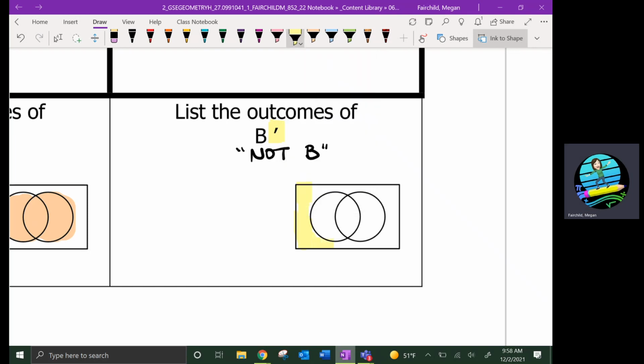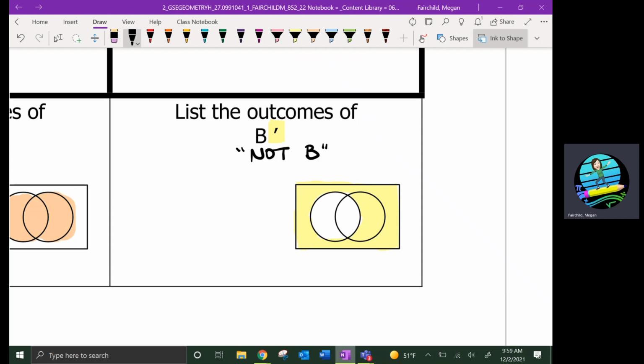All right, so not B is everything not in that first circle, but it includes this section of that other circle, right? So who does not own a dog? That would be all these people, right? In this section. So you would do all those values. Okay.